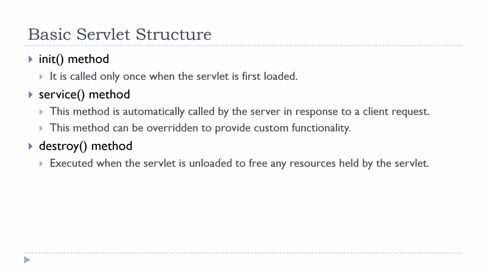So there can be multiple service methods in a servlet, and depending on what the request is, that corresponding service method can be executed. Now, this method has to be overridden if we want to provide some custom functionality. We will see in our code how we can override the service method and how we can write our own code in the service method.